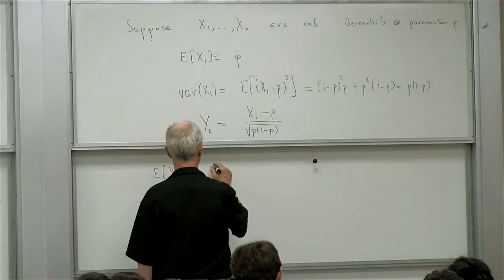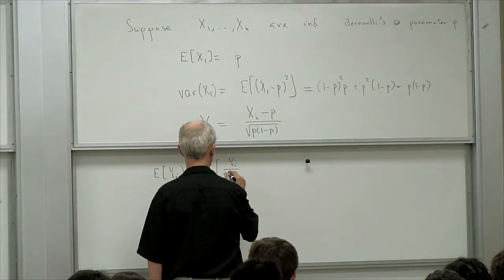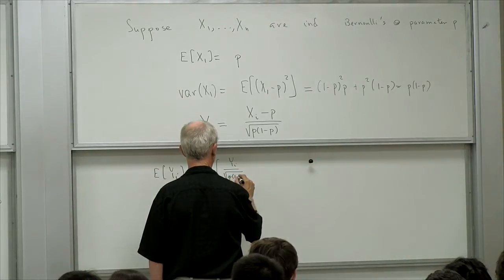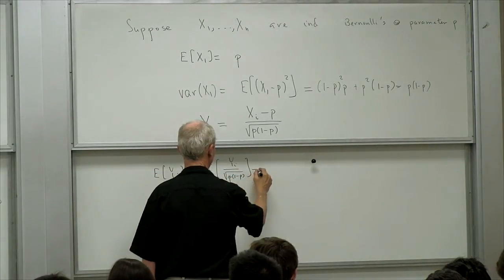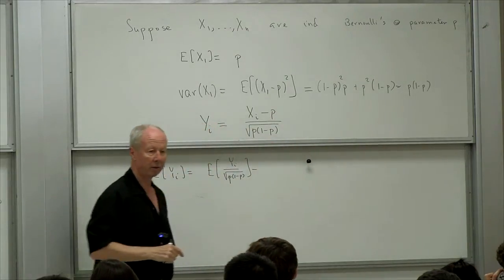Well, it's the expected value of Xi over the square root of p(1 minus p) minus, what would be the expected value of p over the square root of p(1 minus p)?